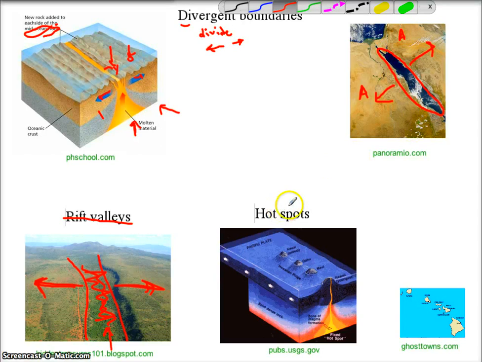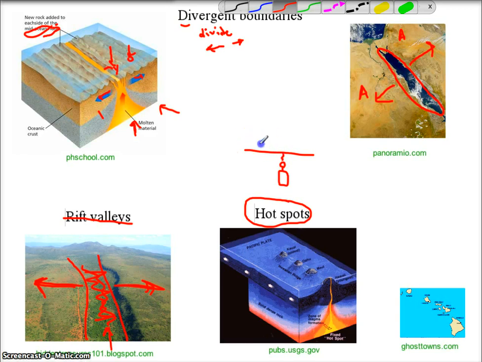Let me talk about something called hot spots. Hot spots are in the middle of a plate, and these usually occur away from the plate boundaries. If you have a candle underneath paper, you can imagine what would happen to the paper. The paper would end up burning in the middle.